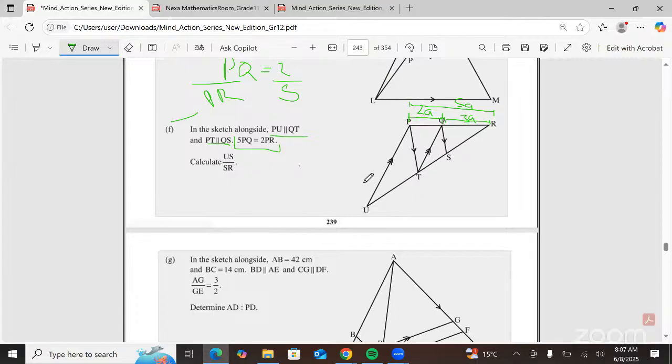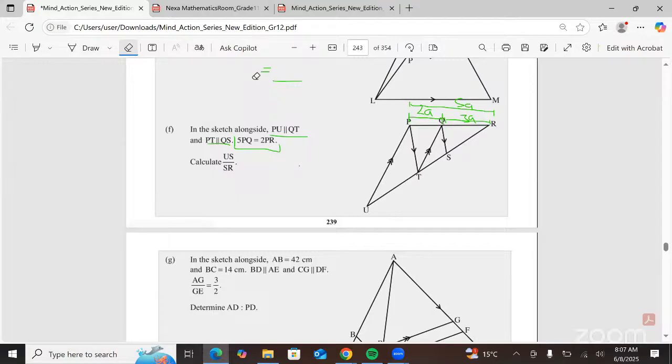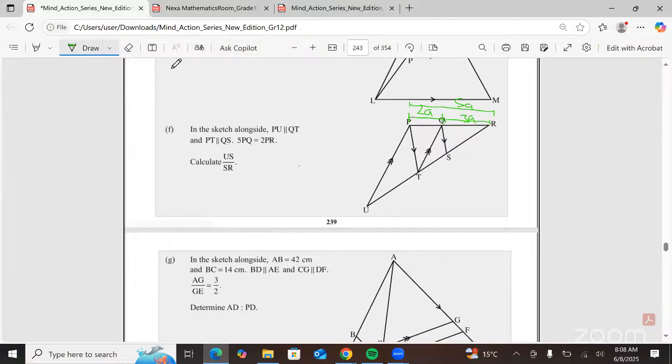Therefore, on your paper, you will write this for me: PQ over QR is equal to UT over TR.